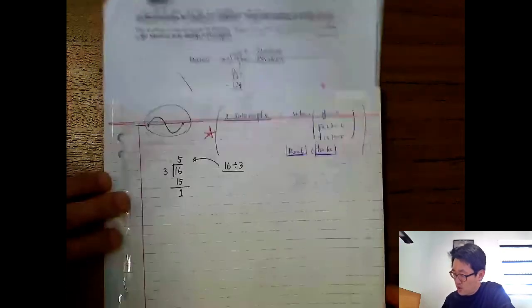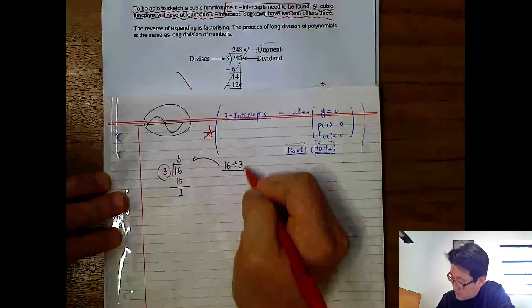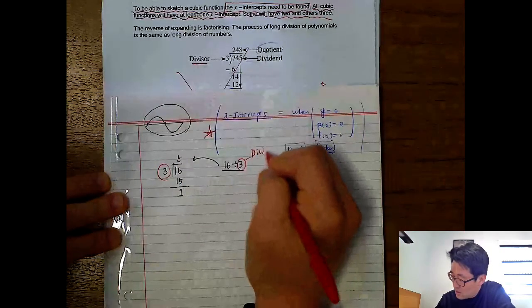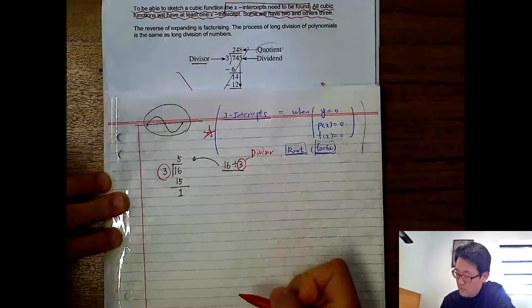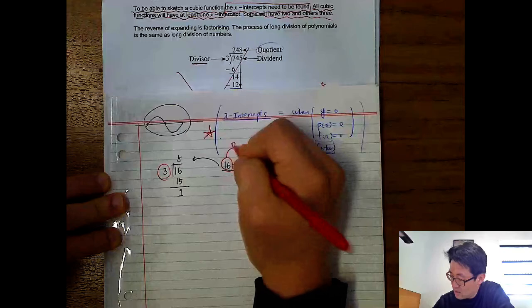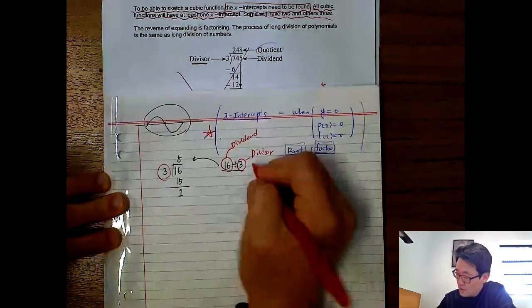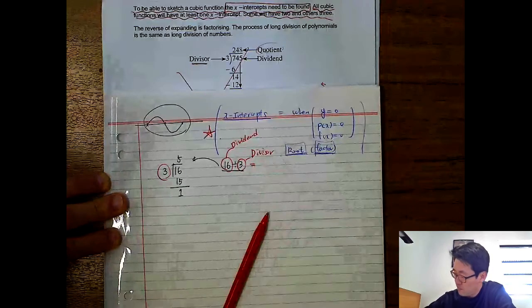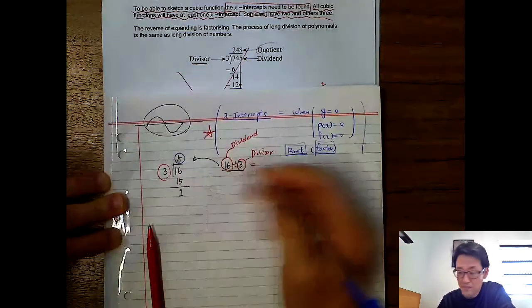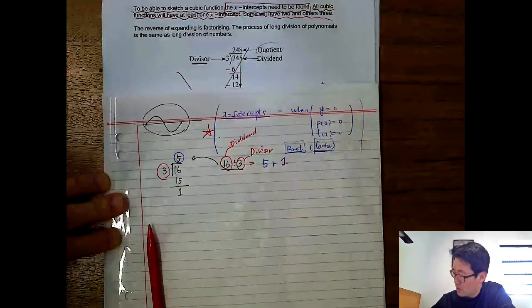I will use the same thing. 3 is the divisor, and the number being divided is the dividend. We get 5 and remain 1.